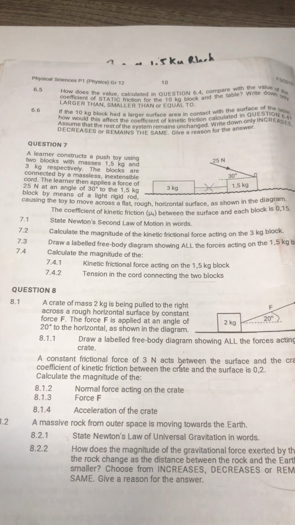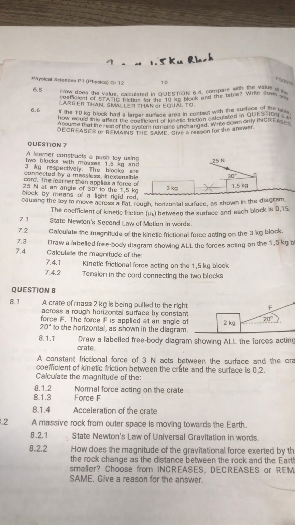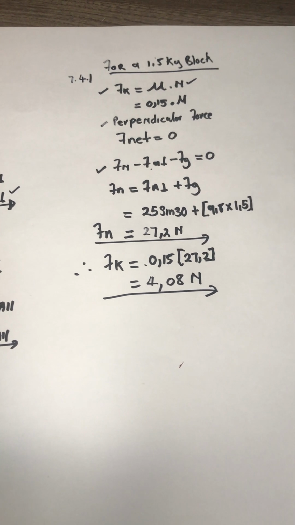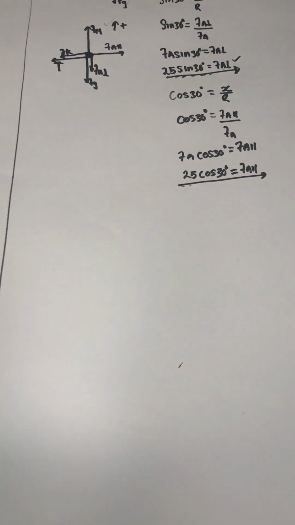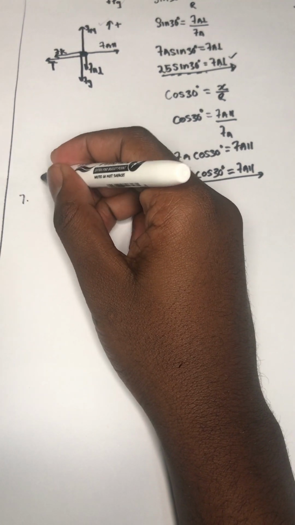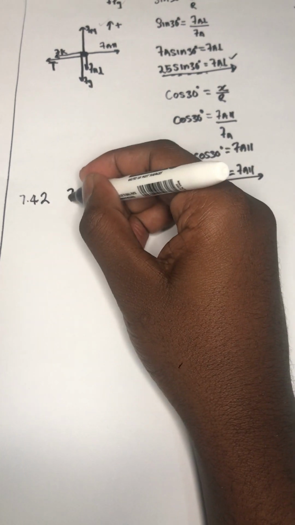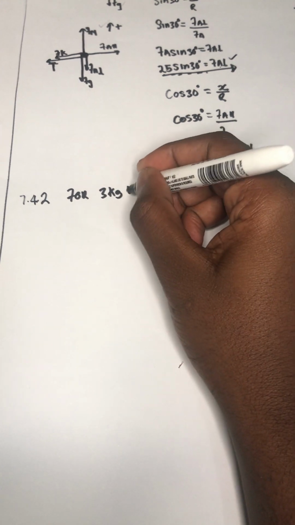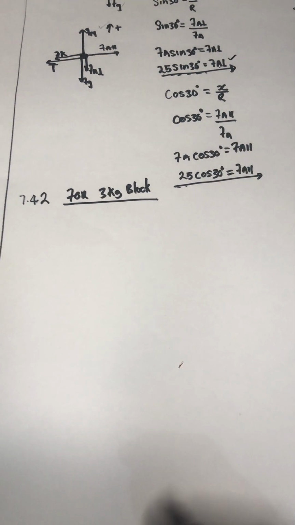Okay, so we start by looking at the 3 kg block, and then we look at the 1.5 kg block. This is 7.4.2. Now the 3 kg block.